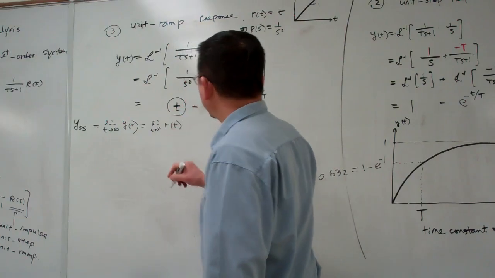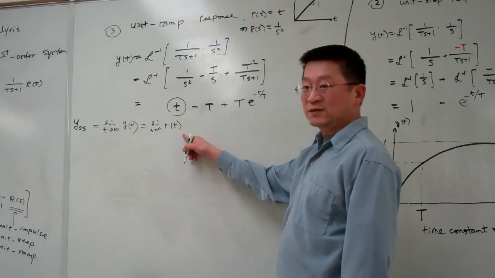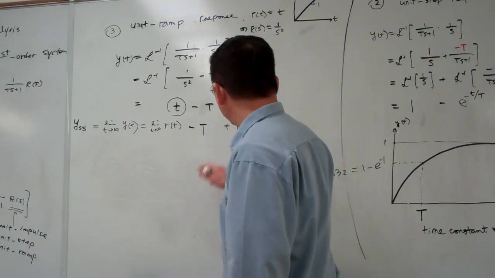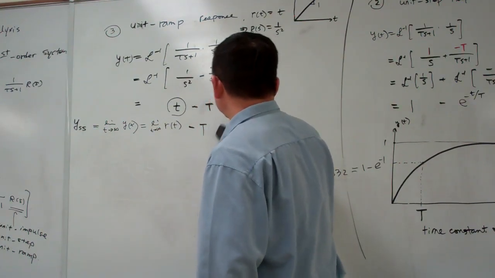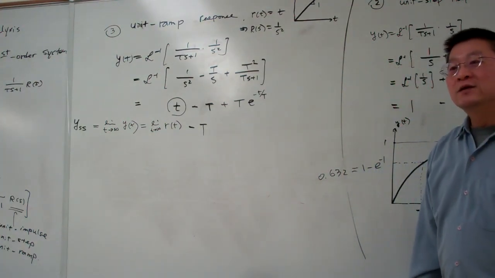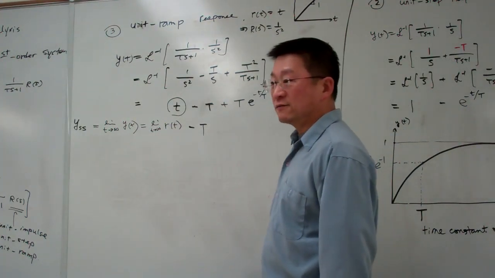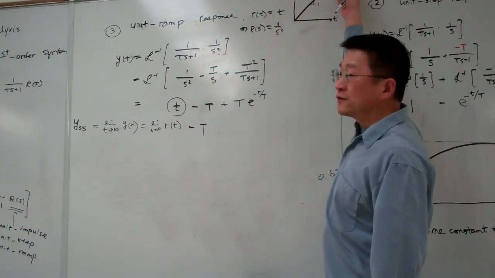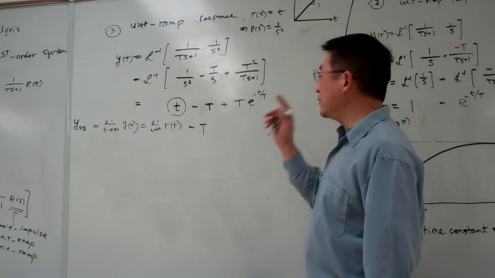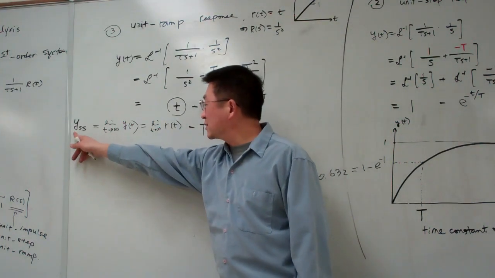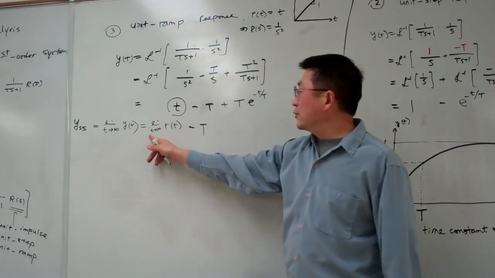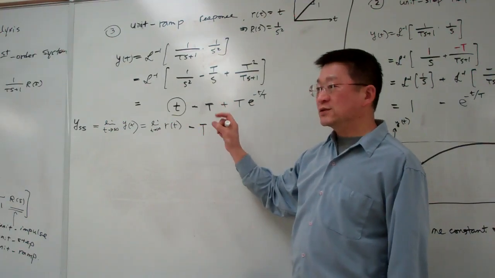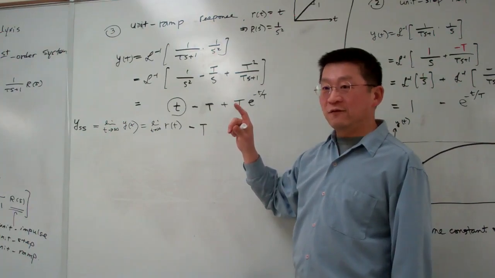Basically, this one is our input, so let me replace that with r(t), and minus T, since this exponential term becomes 0, we don't need to write it. So this is the steady state value. Compared to our input, of course, it goes to infinity, but you can see the difference between the steady state response and the input: they always have this discrepancy of constant value.